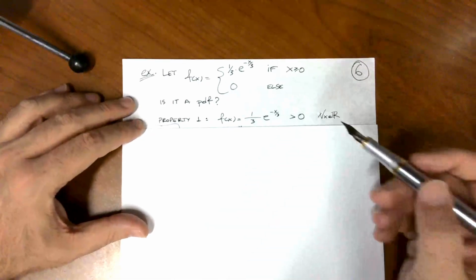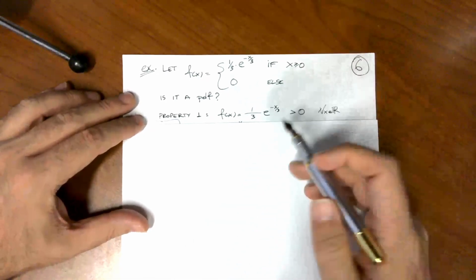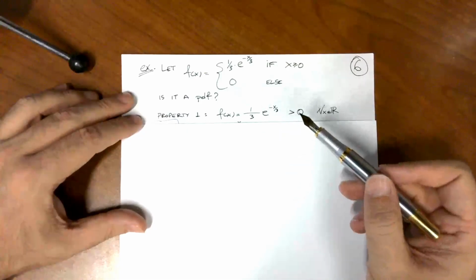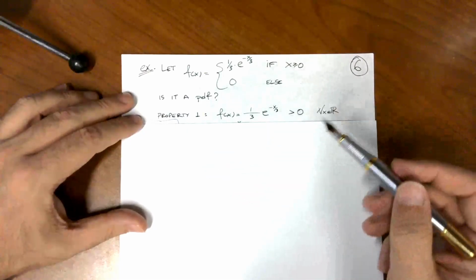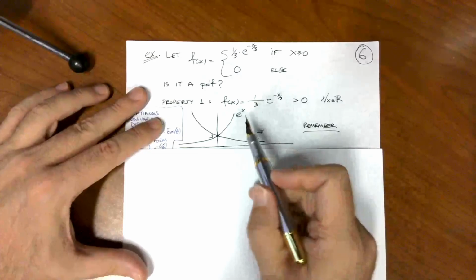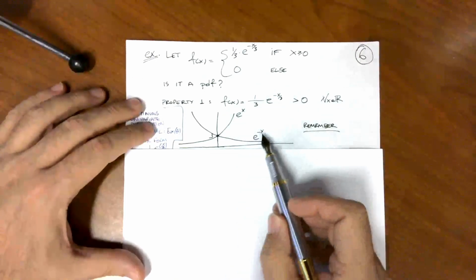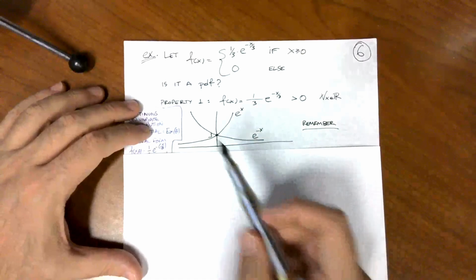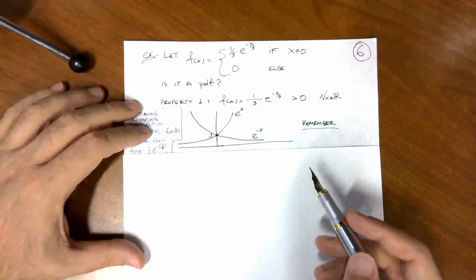The first one being non-negative, and actually we can verify, we know what this form looks like, the negative exponential. If you think of e to the x, it's a function that increases at an increasing rate. So this is e to the power of x, and e to the power of minus x, from your basic understanding of functions, is declining for the domain of x.